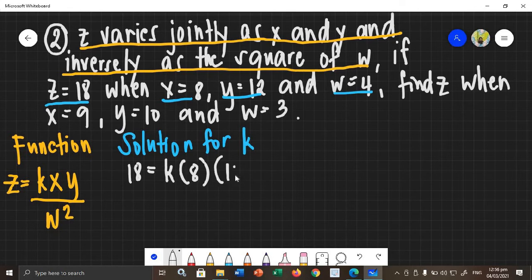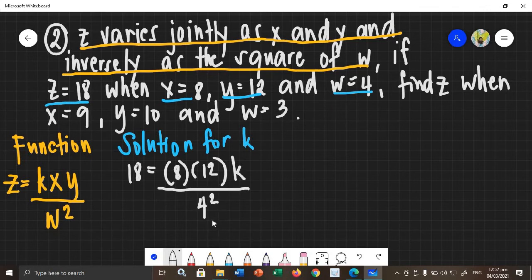And then Y natin is 12. So, rewriting this one, kasi nauna yung variable sa numbers. So, i-rewrite lang natin siya. Kasi dapat laging mauna yung numbers kesa sa variables. So, rewriting that, it will become 8 and then 12 and then we have our k there over w squared. Our w is 4, so 4 squared.